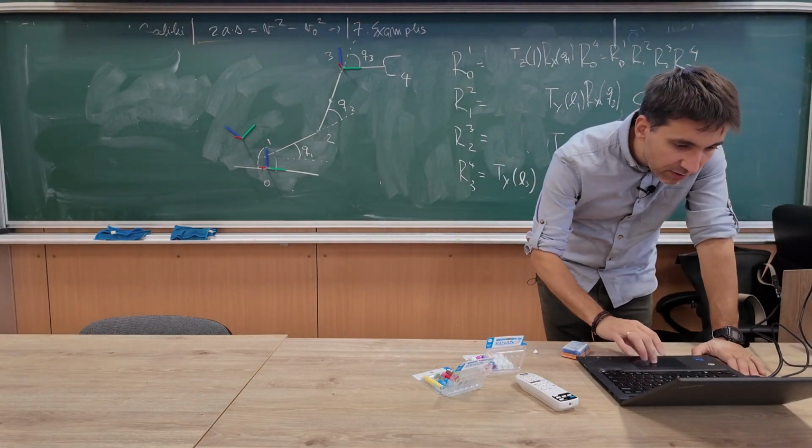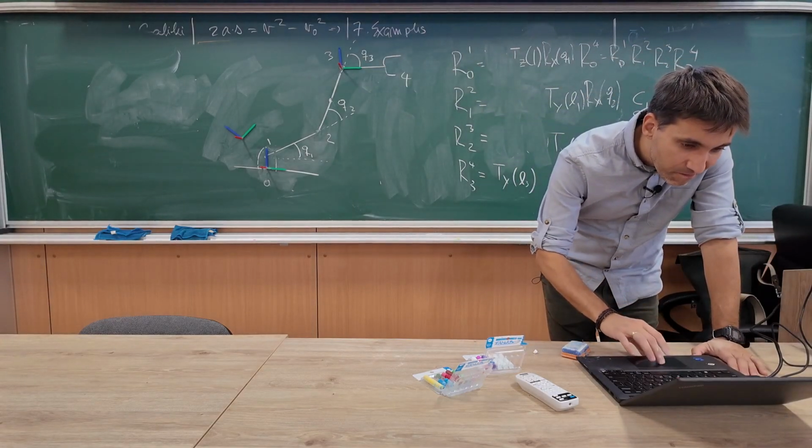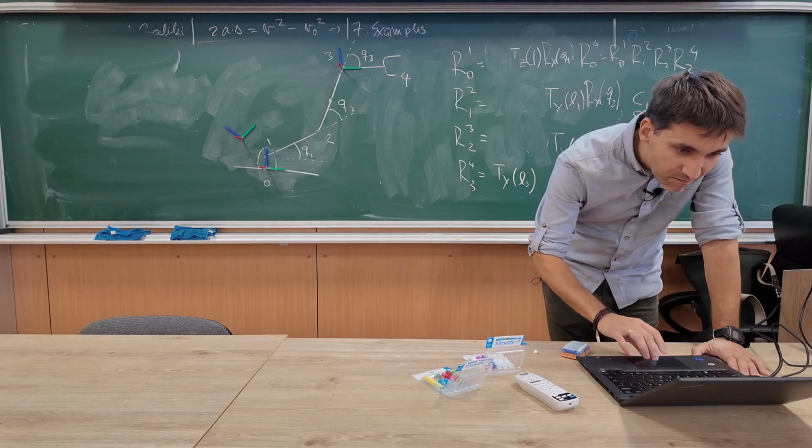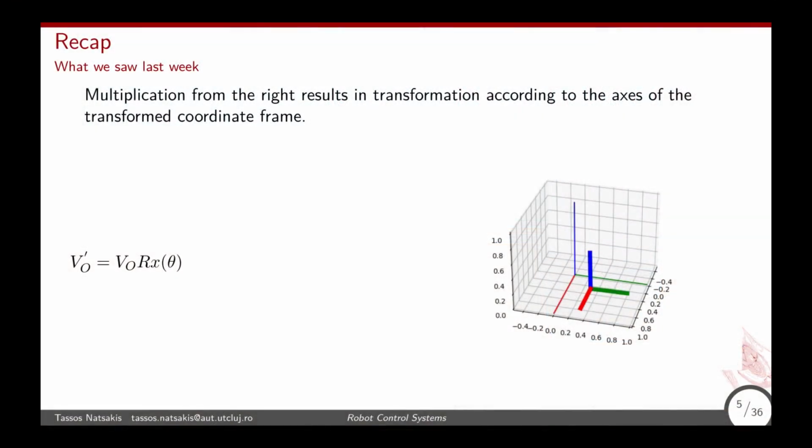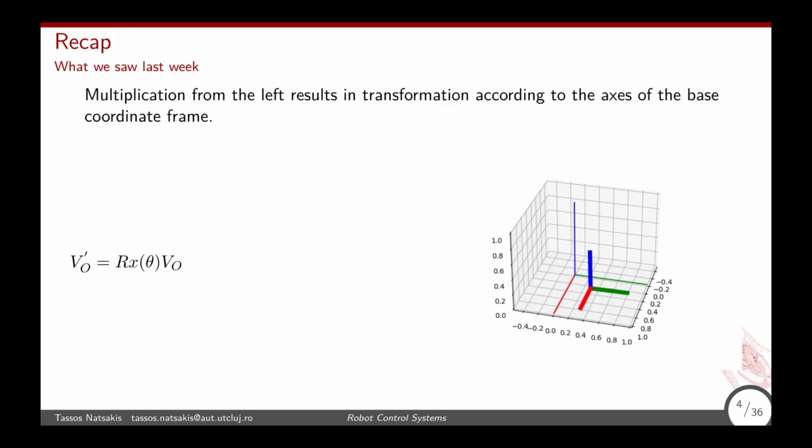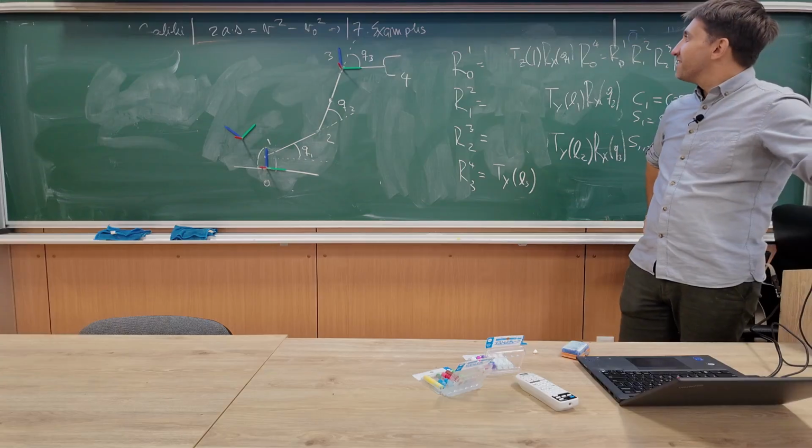I'll show you the video from the beginning. Multiplication from the right is relative rotation, relative transformation, right? Multiplication from the left is absolute. Sorry, I don't know what I was thinking. We have it on camera, so you can blame me at the end of the semester that I took it wrong.